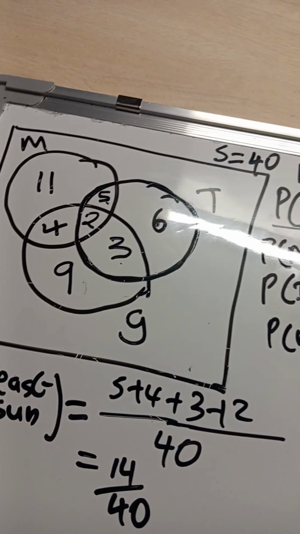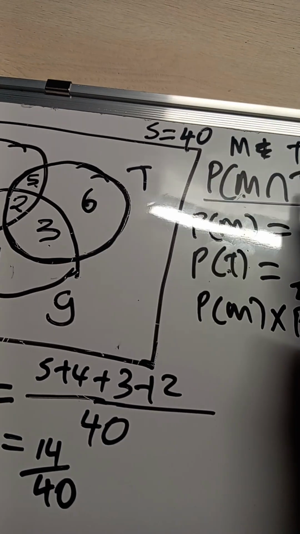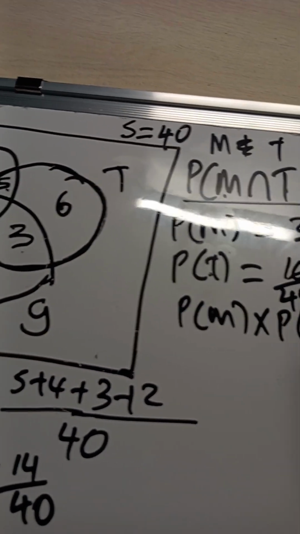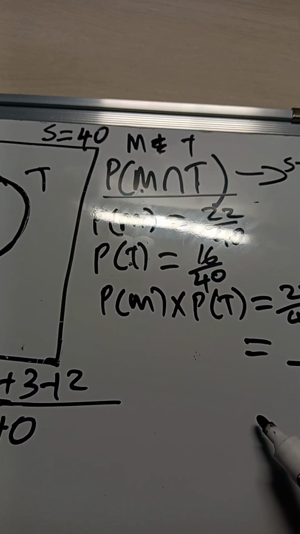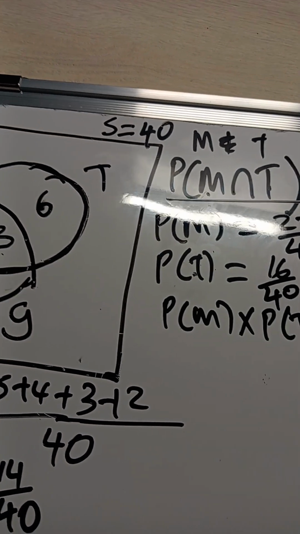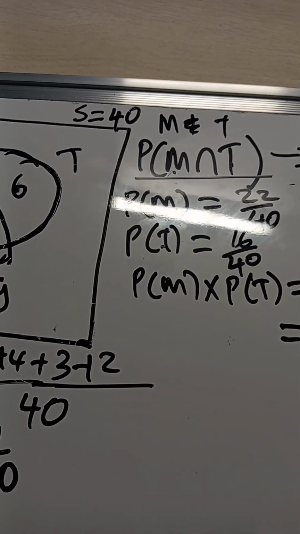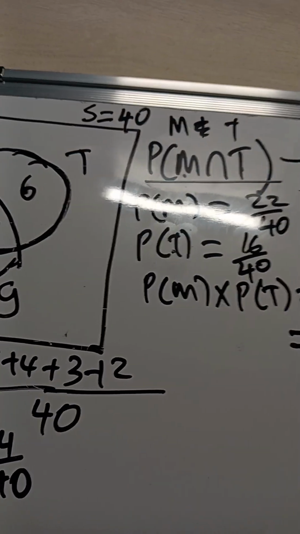After calculating the answer, you refer back to your Venn diagram to calculate the probability of mathematics and tourism, which is something easy. The answer there is basically 5 plus 2. Do you get what I'm trying to say? It is 5 plus 2, which is just 7, over the total that you have there, 40. Then you compare the two results.